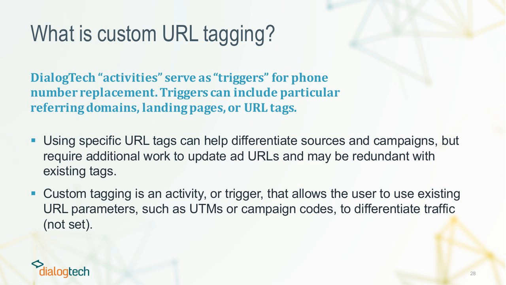The custom URL tag is another activity, or I like to think of them as triggers, right? Somebody lands on your website, our JavaScript fires, and something's got to trigger that phone number to replace. The custom URL tag is another one of those triggers, and really what it allows us to do is piggyback on URL parameters that already exist in your URLs.